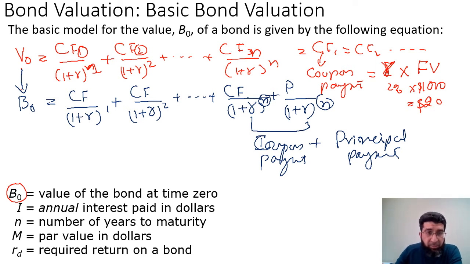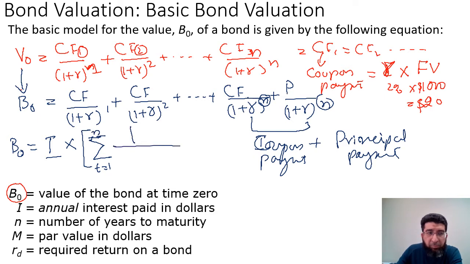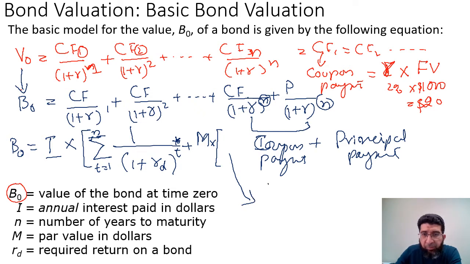Now, the other way to express the same formula is B naught equals I times the sum of, plus M, times 1 over 1 plus R d to the N. I'm bringing this formula here because I don't have space.